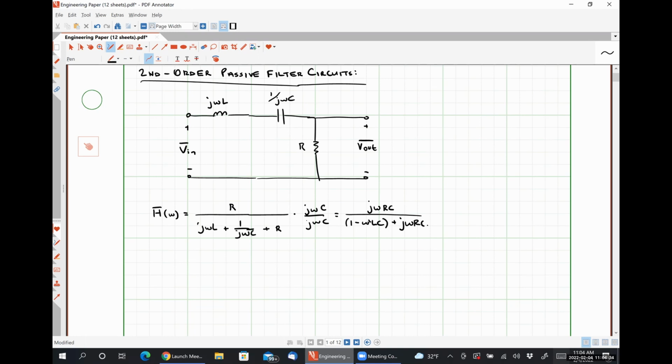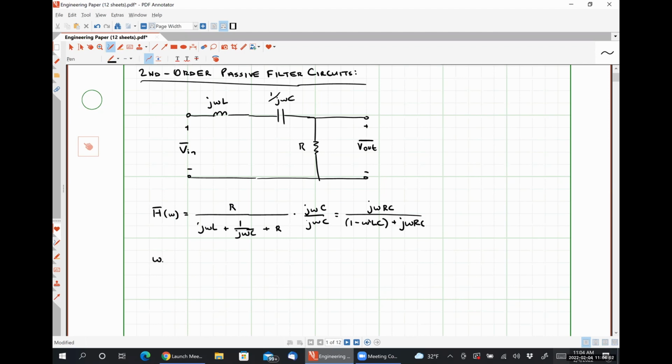Okay. So from here, we can go about figuring out what the magnitude is and the phase response and all that kind of stuff. But before we do that, I want to talk about how to find our center frequency, omega naught.